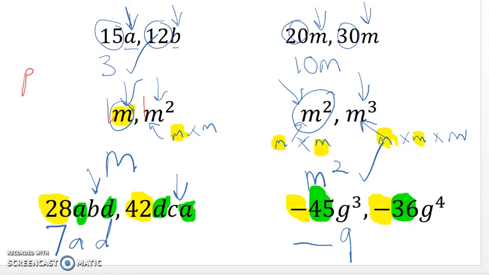If you remember before, we were talking about how if you have the variables being the same but with different powers, you have to go with the lower one. Let me remind you that g cubed is g times g times g.